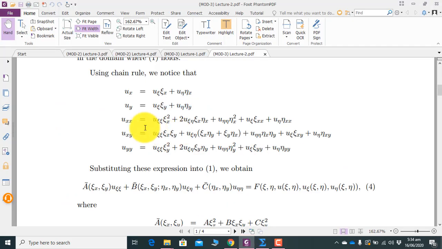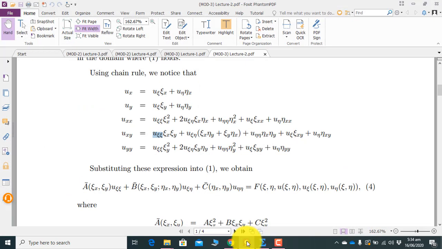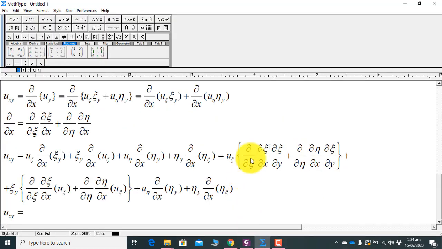On the left hand side we have the first term u xi xi. So the answer will be xi x, xi y, and that should be with this.